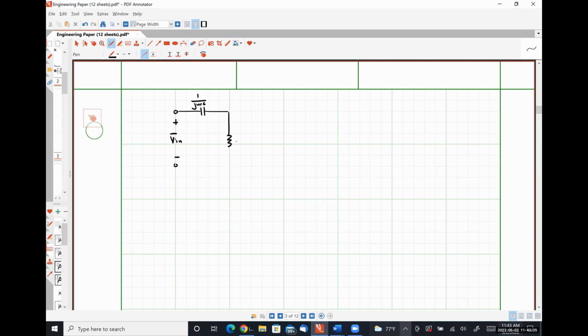Now we're going to take the voltage drop across the resistor as the output, and what should occur is that we'll observe a high pass frequency response. So what should my transfer function look like?